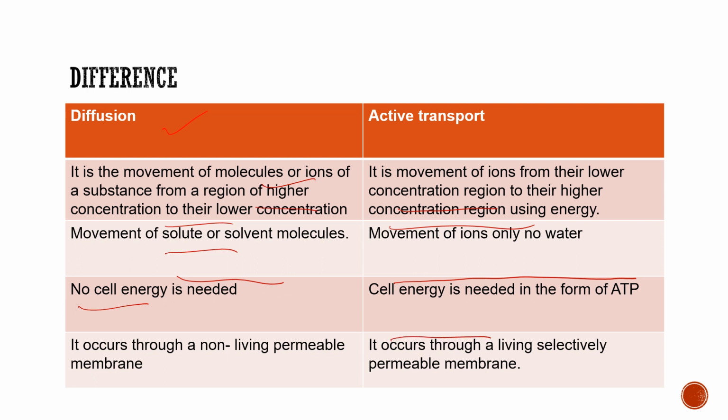In active transport the cell requires ATP. In diffusion no cell energy is needed, it can happen without any cell energy, but in active transport the ATP of the cell energy is always needed. Diffusion occurs through a non-living permeable membrane, whereas active transport occurs through a living selectively permeable membrane. Okay, so this is all for this part of transport in plants.